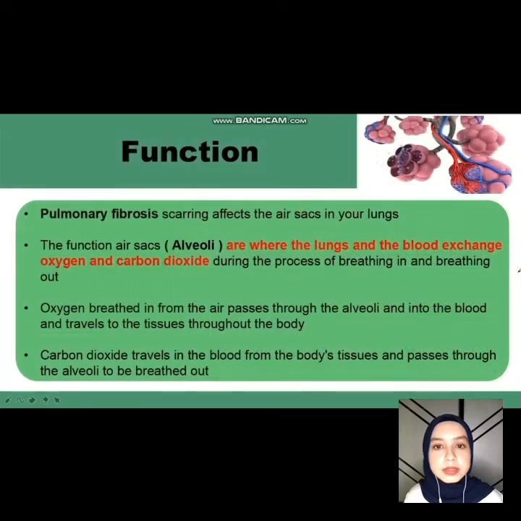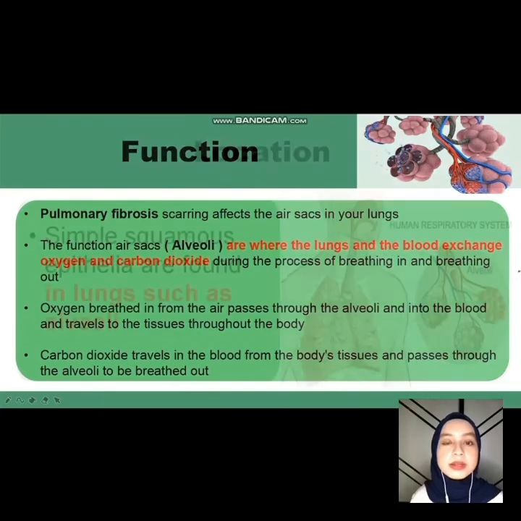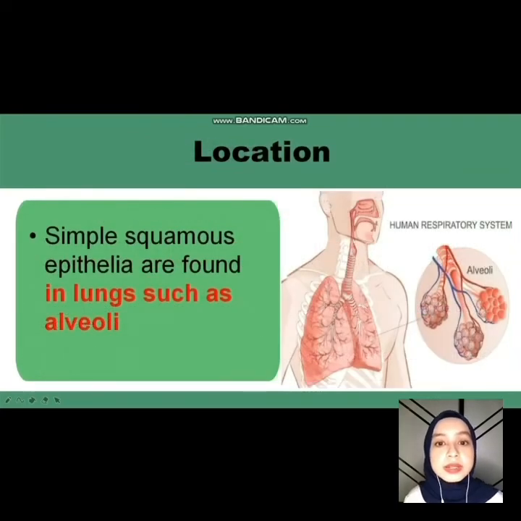Next, for function, pulmonary fibrosis scarring affects the air sacs in your lungs. Alveoli are where the lung and the blood exchange oxygen and carbon dioxide during breathing in and breathing out. Location: simple squamous epithelia are found in the lung, such as in our alveoli.